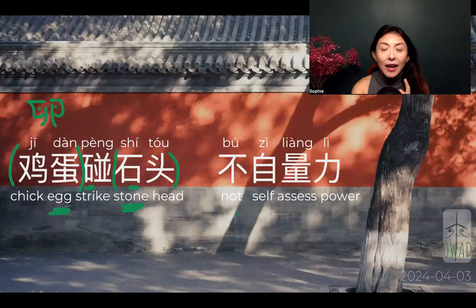We can see 不 is a negation of what happens after. Okay, 自量力, 自 is self, right? Not self-assessed power, meaning you don't have the right assessment of your own power, what you can do, what you're capable of.